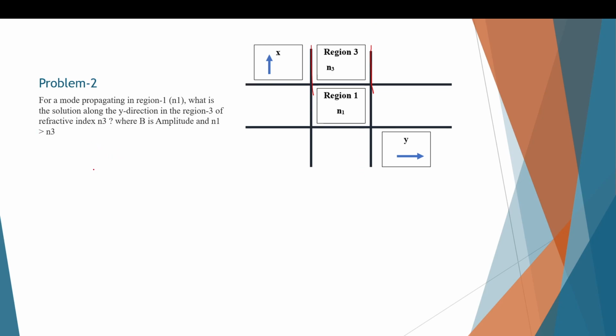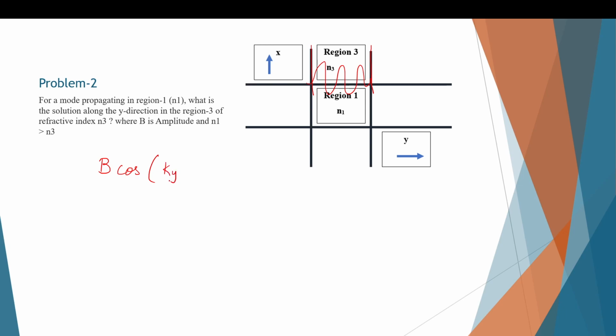Okay. So again, if B is my amplitude, the oscillating solution should look like B into, say I'm writing it in terms of cos. You can also write it in terms of sine, but the options were in terms of cos. So B cos of propagation constant times y, because now it's along y, so my solution will be some oscillating solution which varies with the y coordinate.